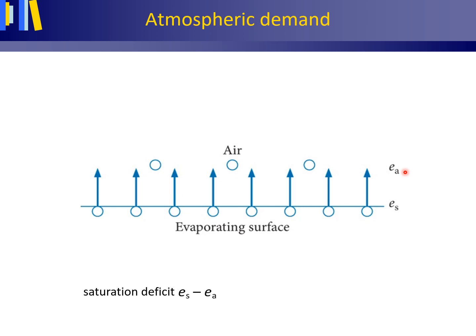Es and Ea are estimated for the same air temperature. The difference between Es and Ea is called the saturation deficit, het verzadigingstekort, in kilopascal. The larger the saturation deficit, the higher the evaporation rate will be.